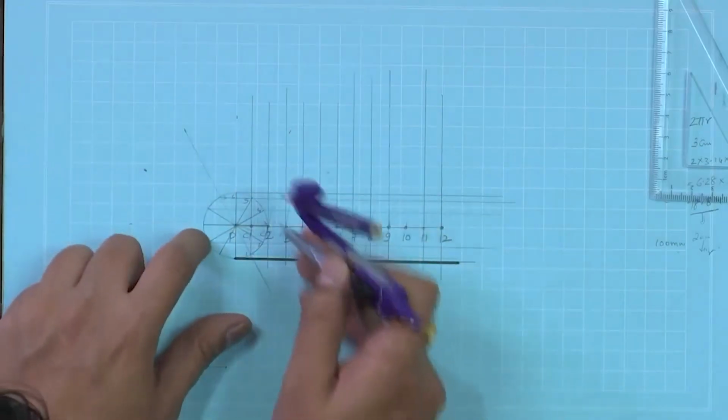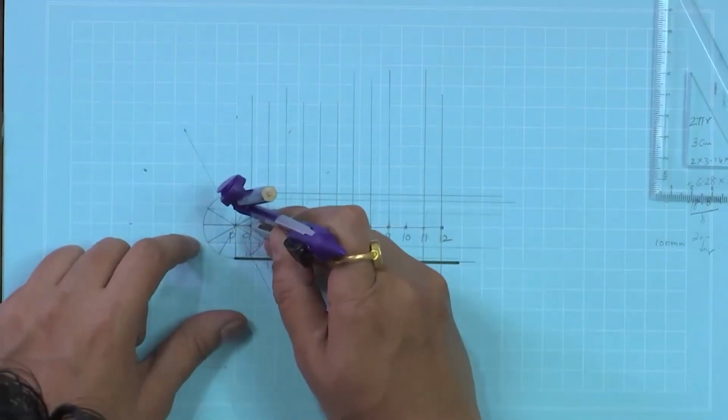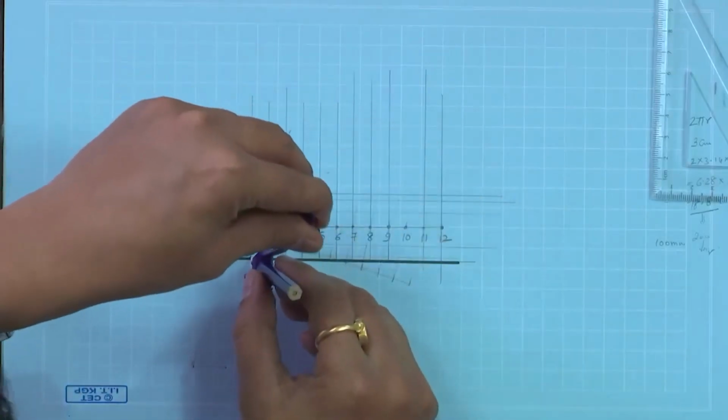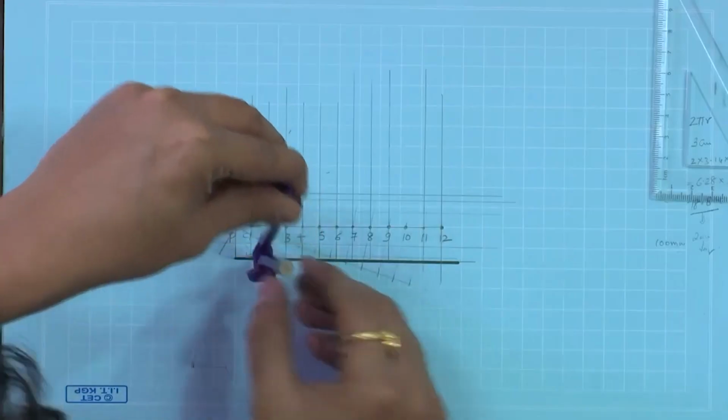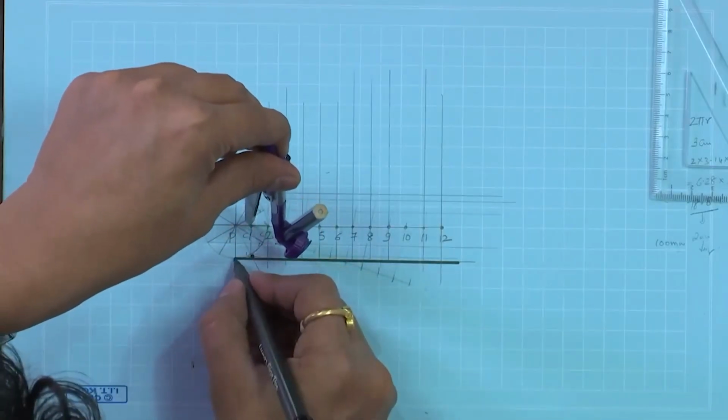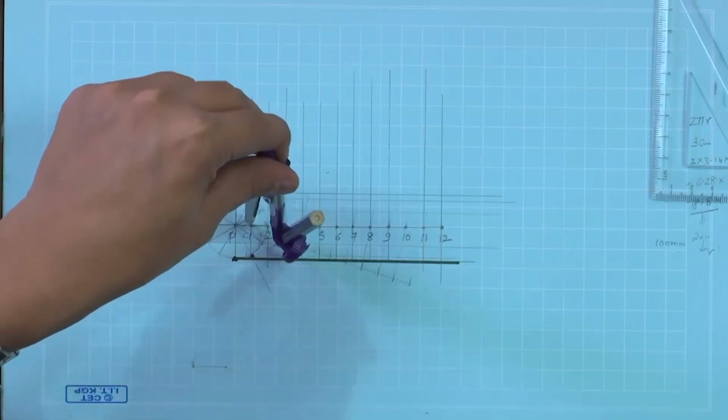Now, from C1 make an arc on 1, somewhere there, locate that point. So, the first point is that, second point is that.